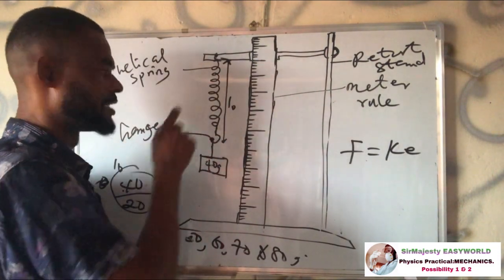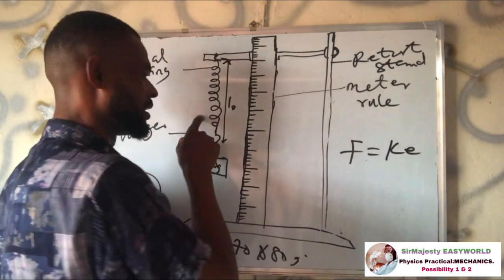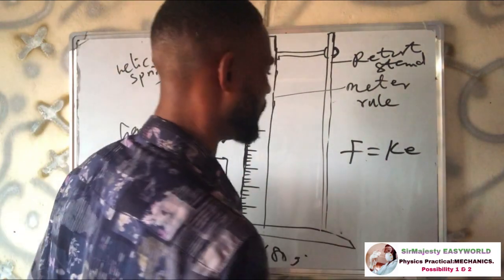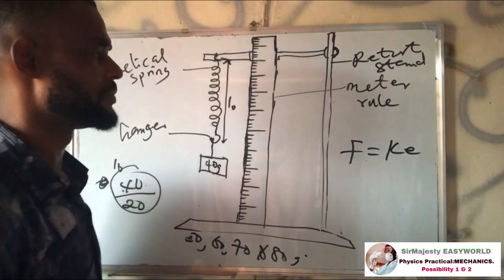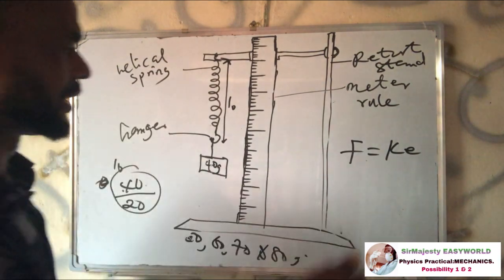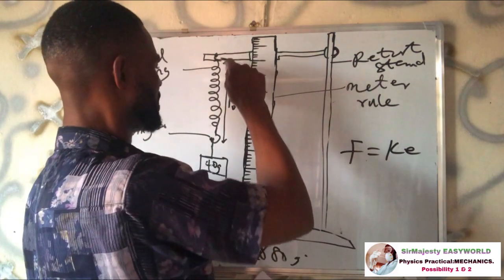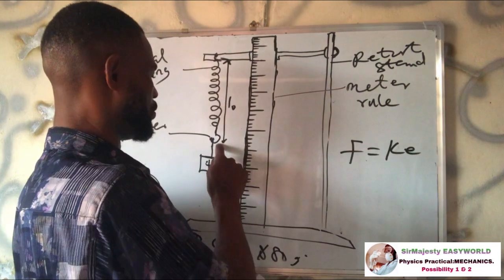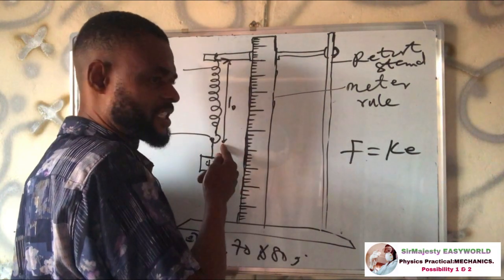The stiffness of this elastic material should give you the answer if you know it. And most times, when you go to the hall, you measure your own. It's a very simple thing.